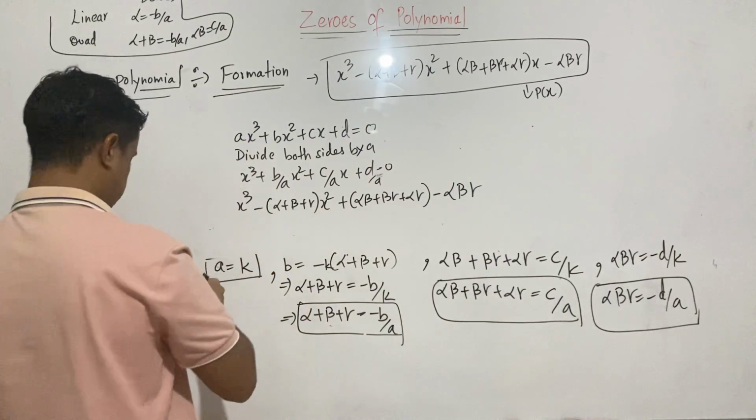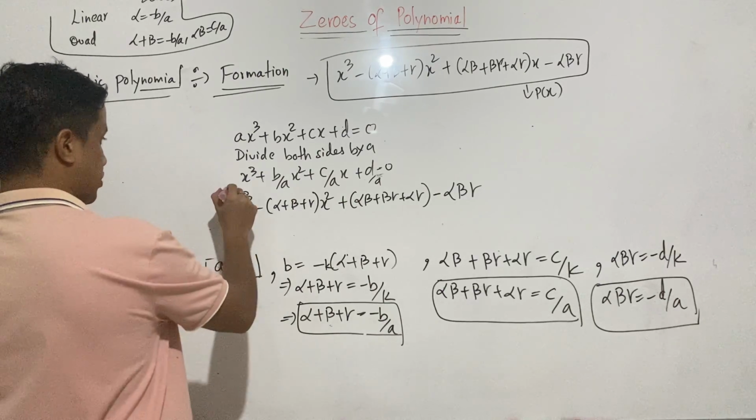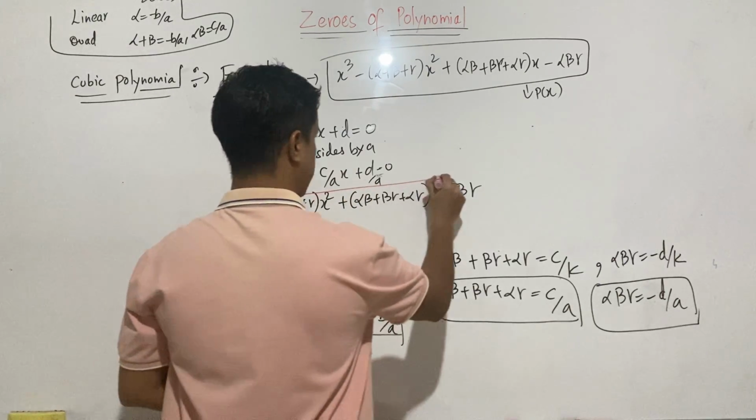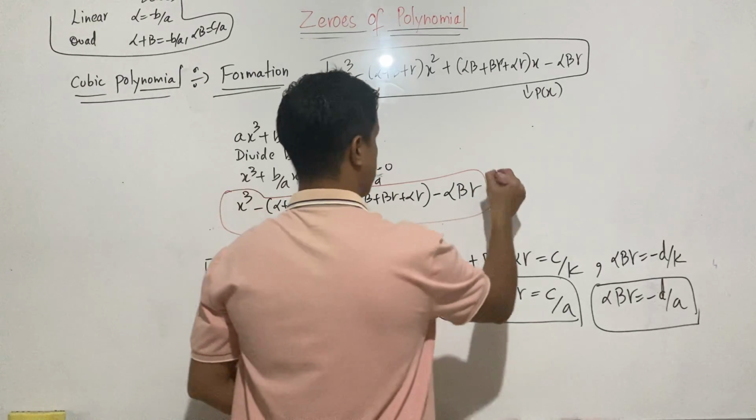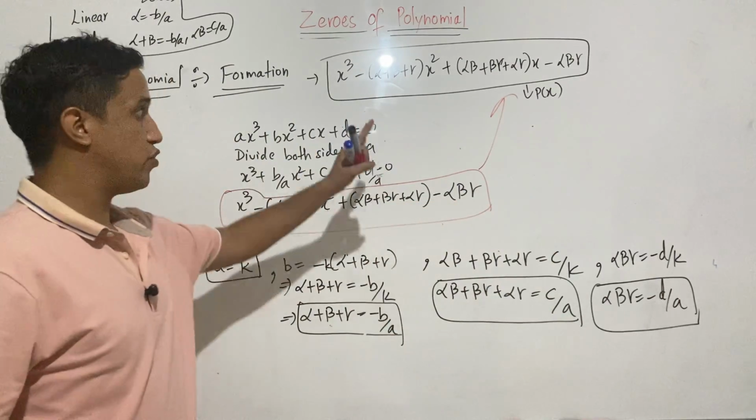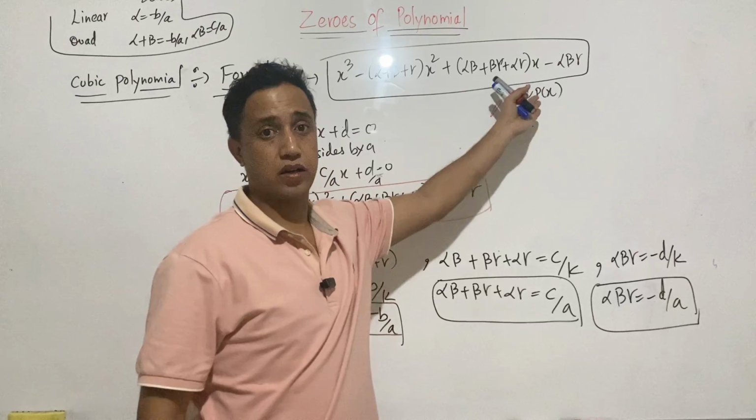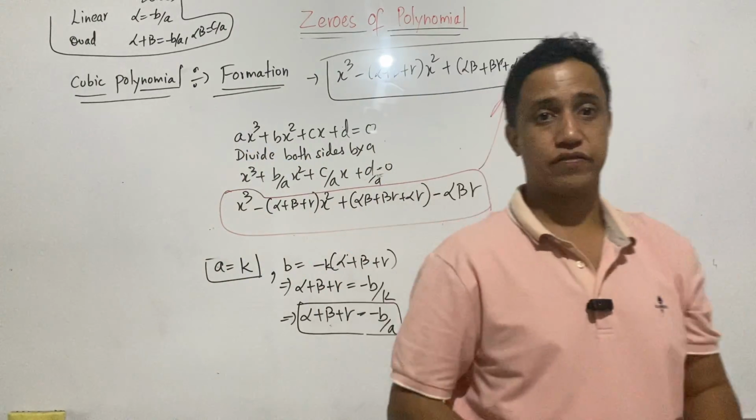So if you see this equation, it is quite similar to this one. Okay, now if you are given 3 zeros, you can make a cubic polynomial out of it.